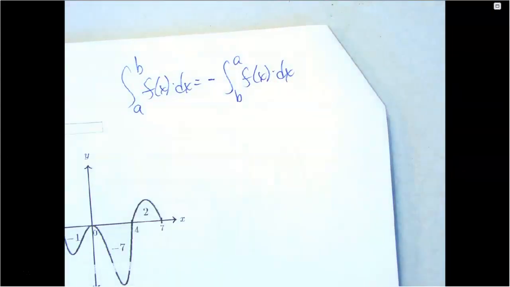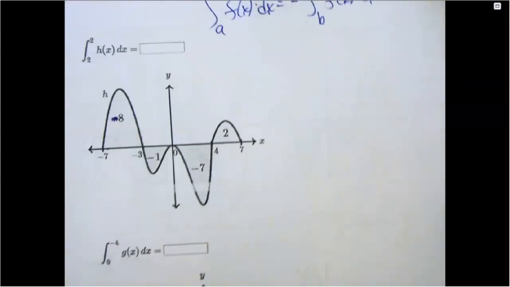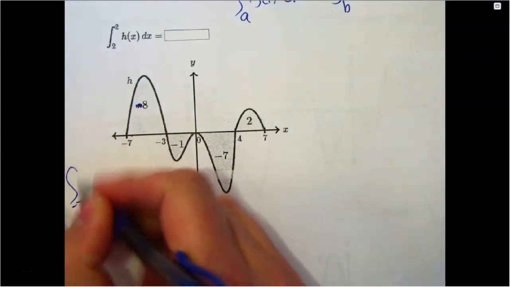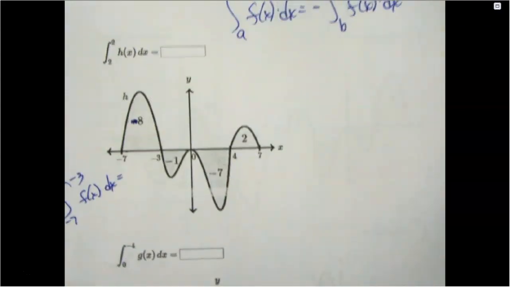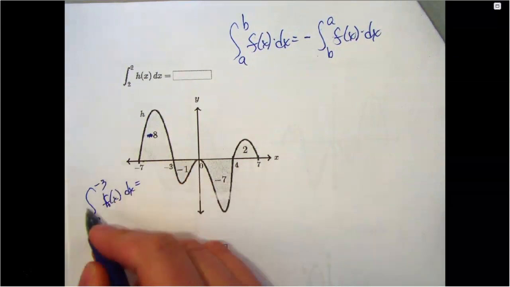It's like if you're reading backwards, above the axis becomes below the axis, below becomes above, because you're flipping the direction of everything. So if I asked you for the integral from -7 to -3, that is 8.